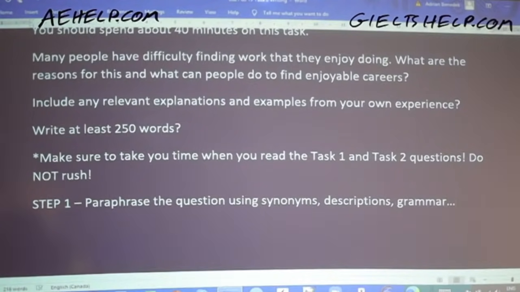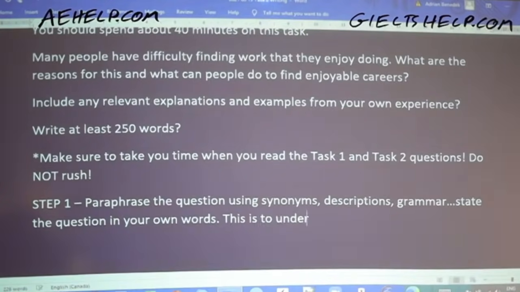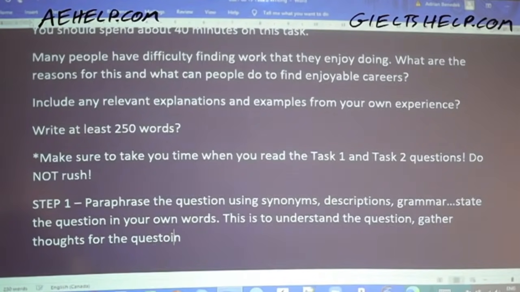Okay, so state the question in your own words. This is to understand the question, gather thoughts for the question, and useful vocabulary.